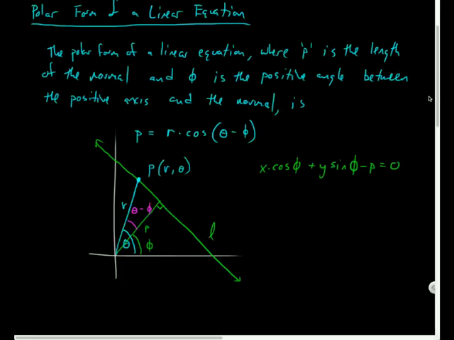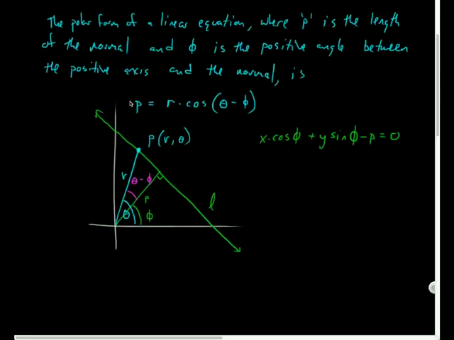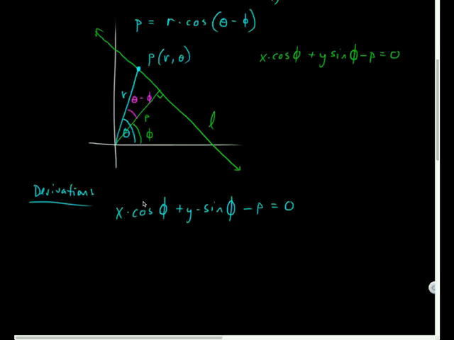So let's take this normal form and see if we can derive this form here. So the derivation would look like this. If I originally have x times cosine of phi plus y times sine of phi minus p equals 0, well, I can do some substitution immediately with x and y.